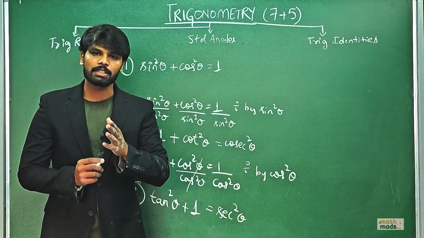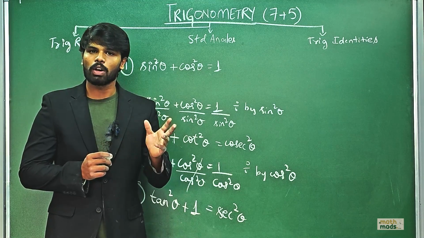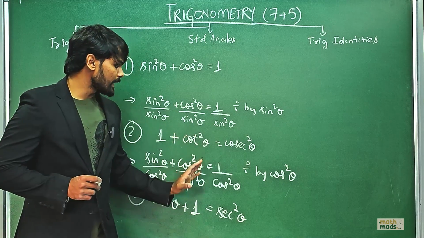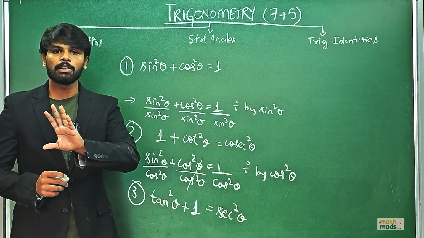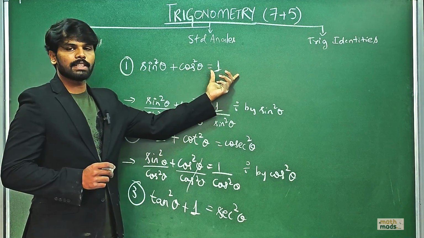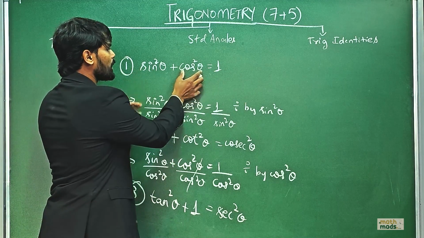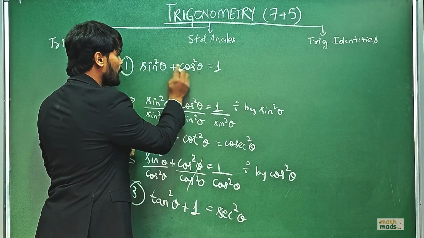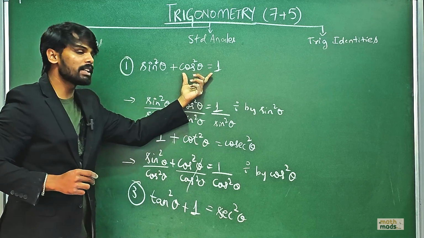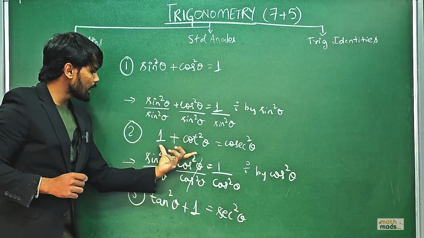Now, from the examination point of view, I told you that 2 or 3 marks you will be getting in values. If not values, you will be getting questions from here. You should be able to deduce the other relation. For example, sin square theta plus cos square theta is equal to 1. If I want to find the value of cos theta, I can send sin square theta to the other side and find the value of cos theta. The same thing can happen here also.